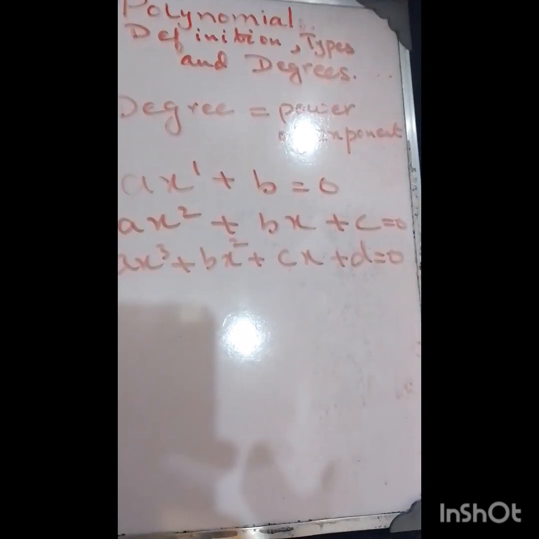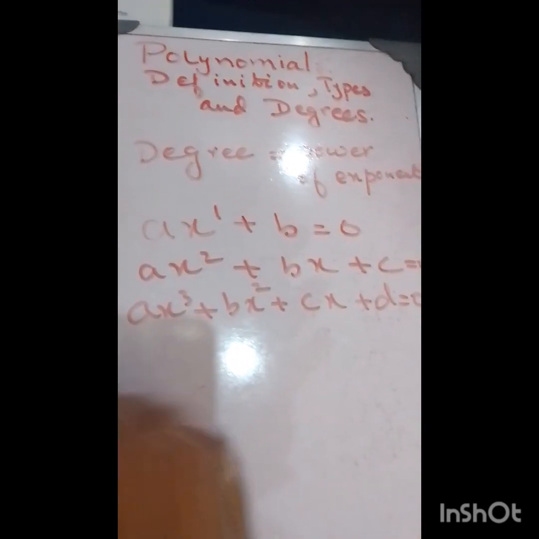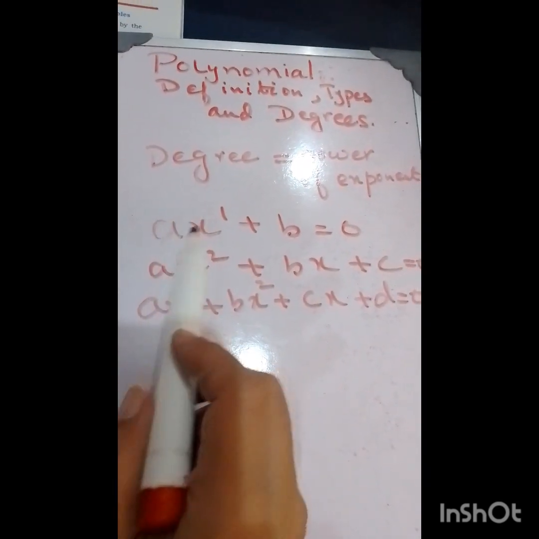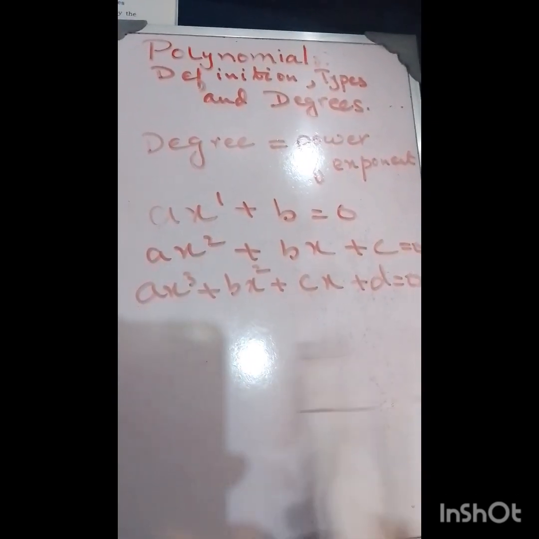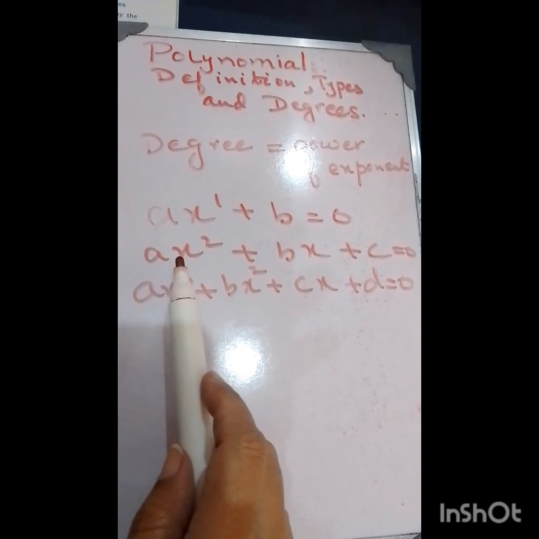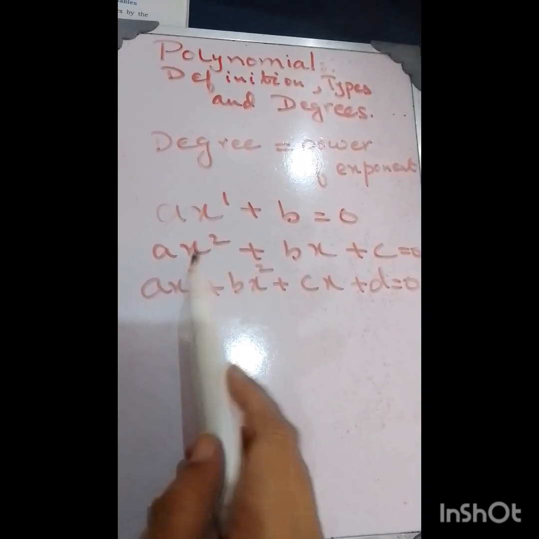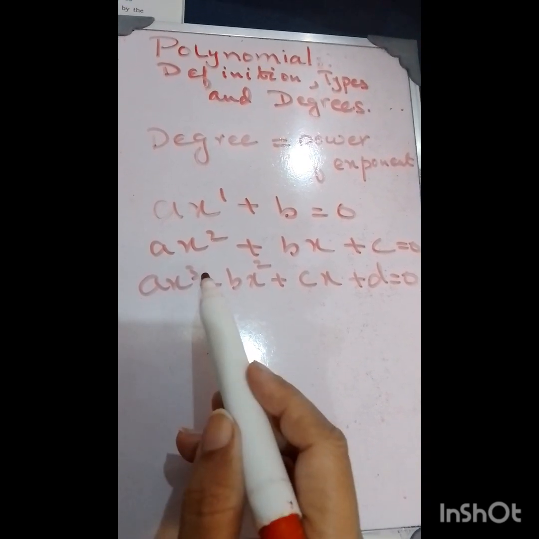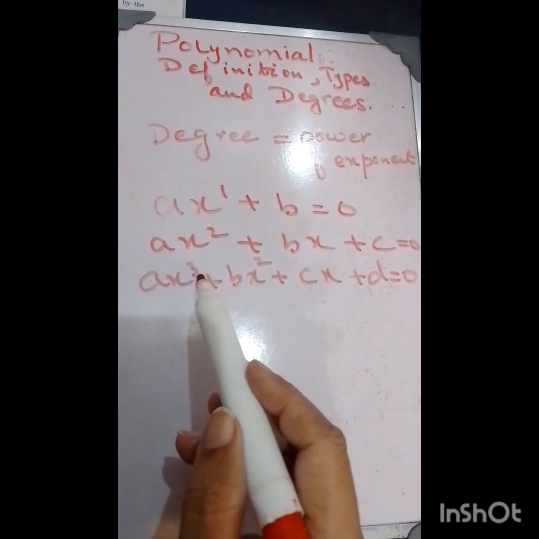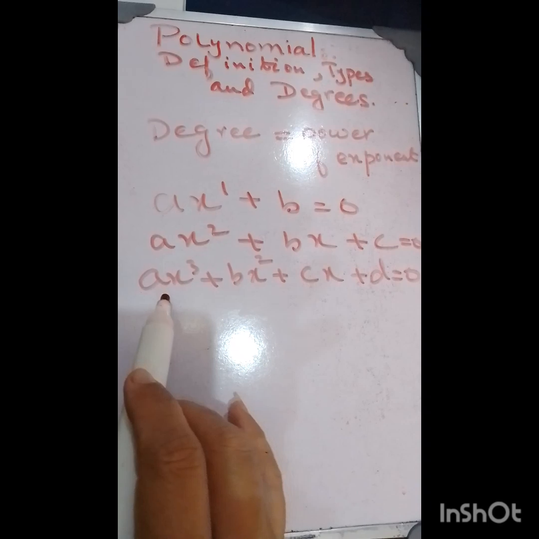The first one is the linear, whose degree is 1. Then the second one is ax square, whose degree is 2, that is quadratic. The third one has degree 3, that is the cubic polynomial.